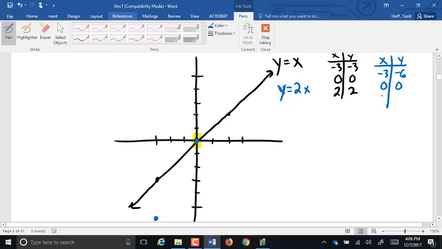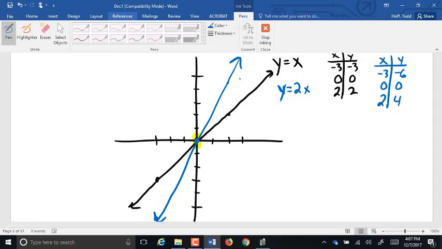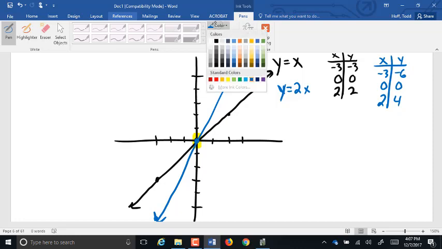That's still there. How about if x is 2? Y is 4. 2 times 2 is 4. So x is 2, y is 4. We still get a line across the graph. All that has changed is that line is now steeper. So multiplying by a large number makes it steeper.